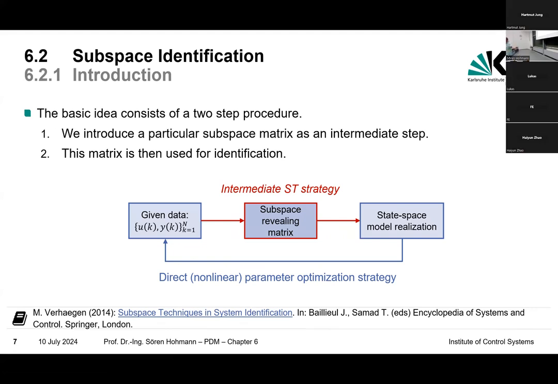So we have just input-output measurements, and we do something in between. We calculate a so-called subspace matrix, which helps to discover the state space realization, a state space model.